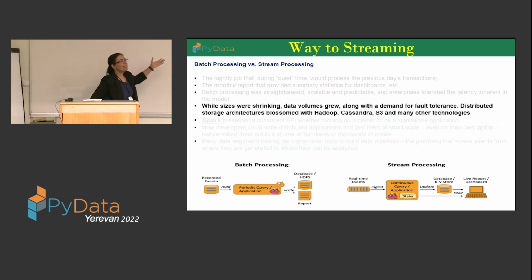Little by little, the batch of data shrank, the volume of data grew, and the demand for fault tolerant systems grew. At the same time, distributed storage architecture blossomed with Hadoop and Cassandra and other technologies.